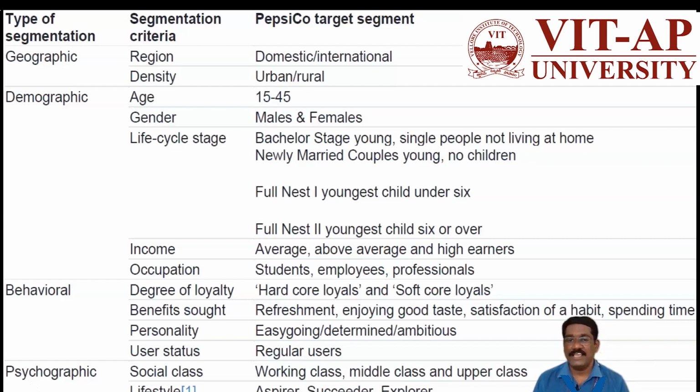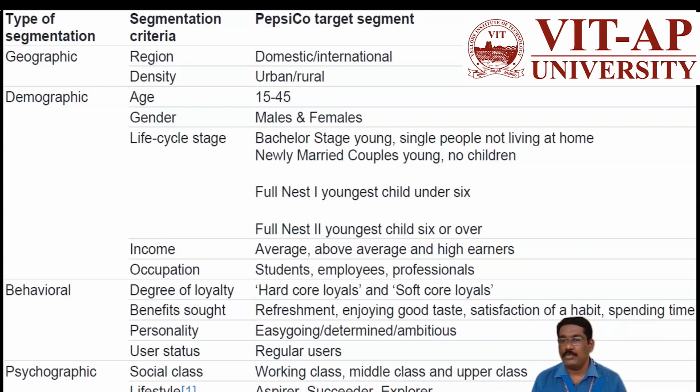And life cycle stage, we have different kinds of life cycle, like bachelor stage, young single people not living at home, newly married couples with no children, full nest, 1 youngest child under 6, full nest, 2 youngest child 6 or over. These are the categories of segmentation as Pepsi is trying to implement in segmenting their market.